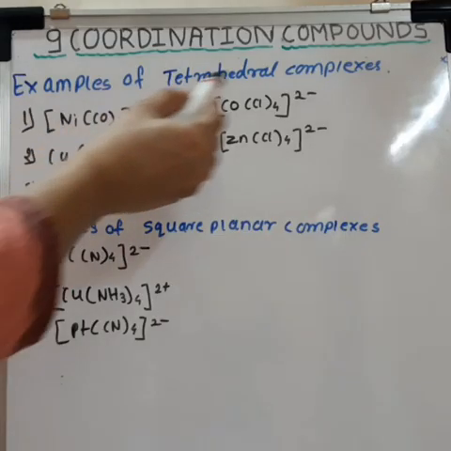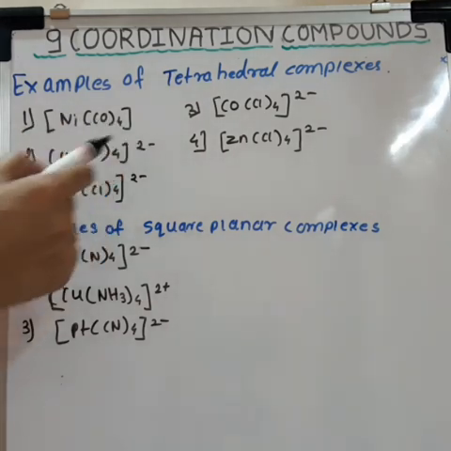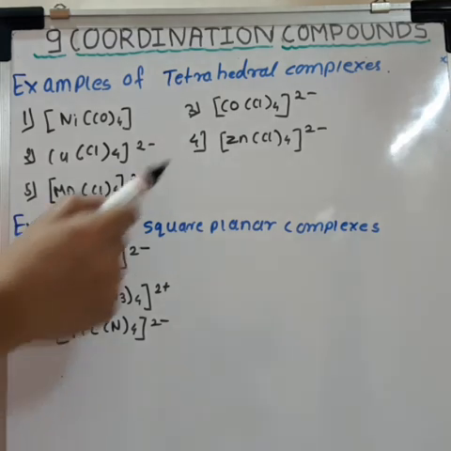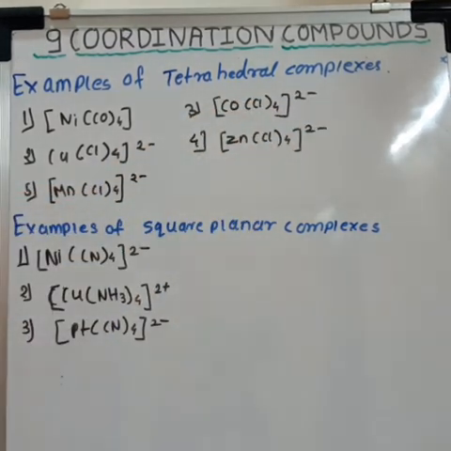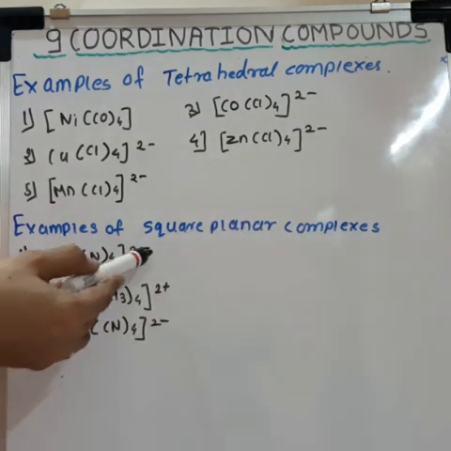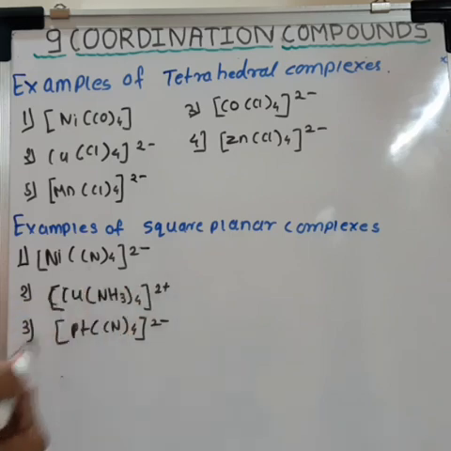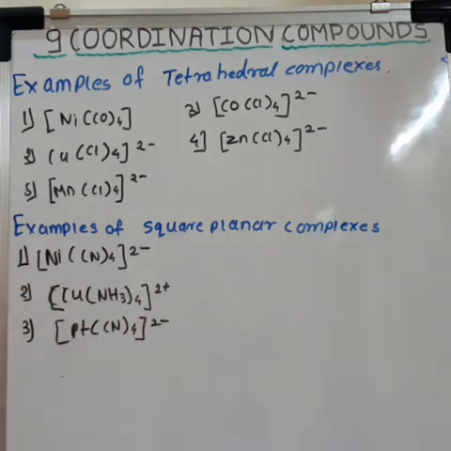Some examples of tetrahedral complexes: Ni(CO)4, CuCl4 2-, MnCl4 2-, CoCl4 2-, ZnCl4 2-. Some examples of square planar complexes are Ni(CN)4 2-, Cu(NH3)4 2+, Pt(NH3)4 2+. The coordination number of tetrahedral and square planar complexes is 4.